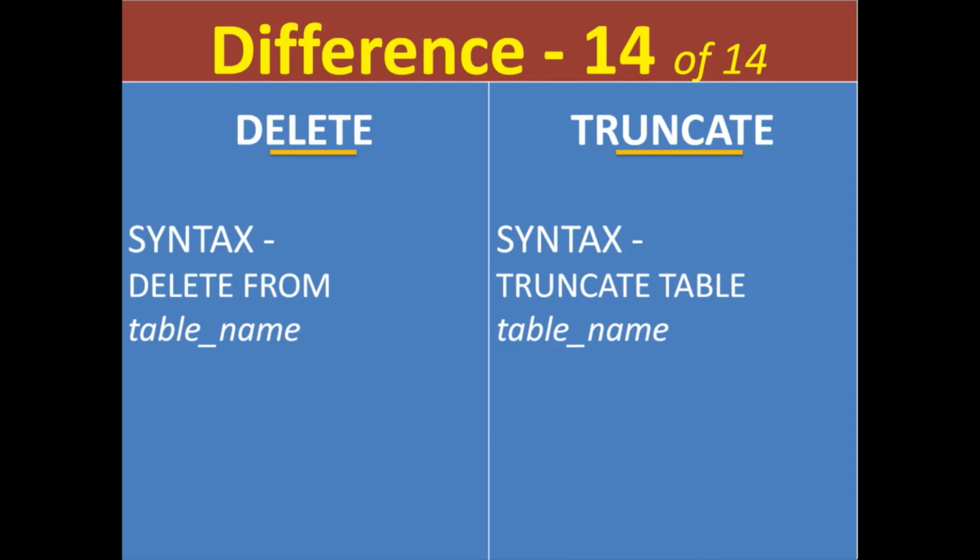The delete has the syntax: delete from table name. You can specify the where condition based on your requirement. Let's move to the syntax of truncate. It's truncate table name. You cannot specify the where clause over here. It removes all the records.